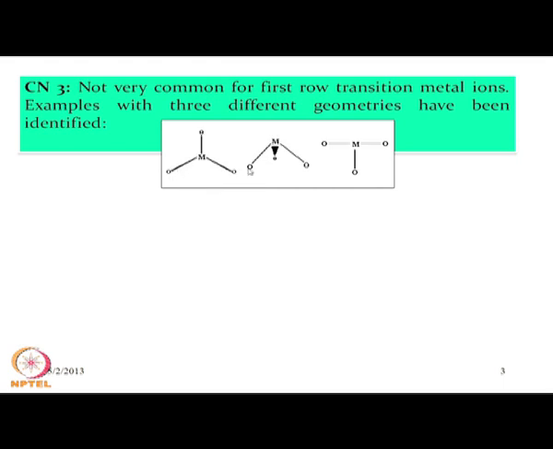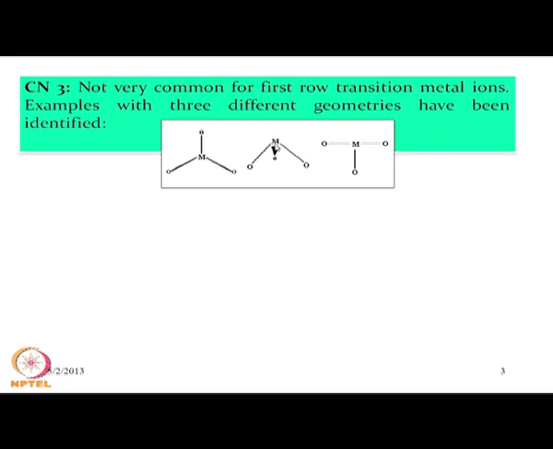The first is simply the trigonal one, where the metal center is sitting at the center and 3 oxygen or 3 fluorine or 3 chlorine atoms are attaching at the 3 corners of a regular triangle. So, if you have a regular triangle and it can bind to these 3 points with oxygen or fluorine, we can get a coordination number of 3.